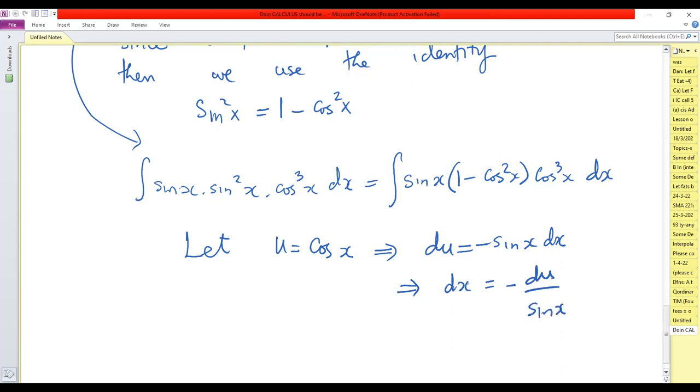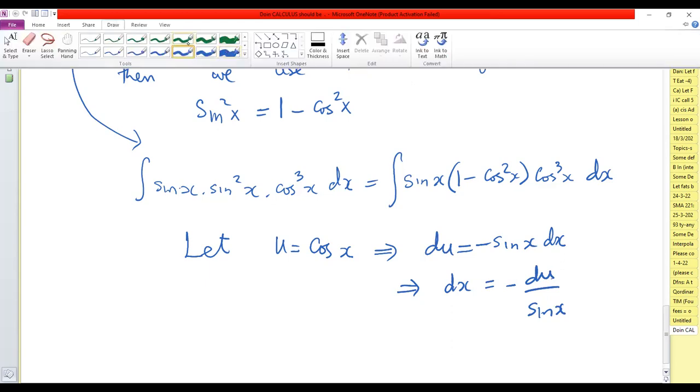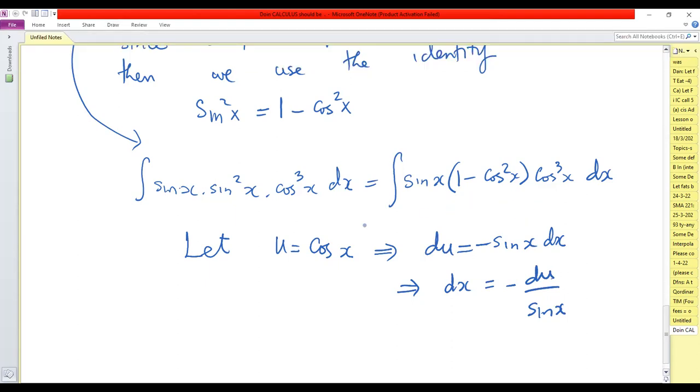So we substitute dx for negative du over sine x, and u for cosine of x into this integral.